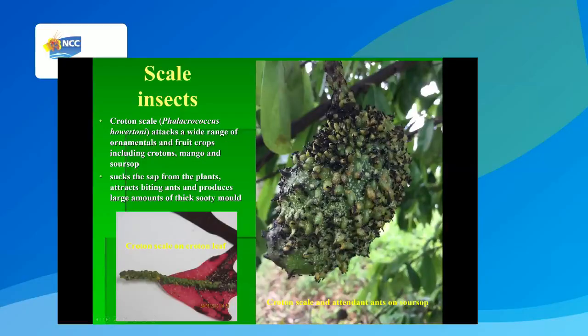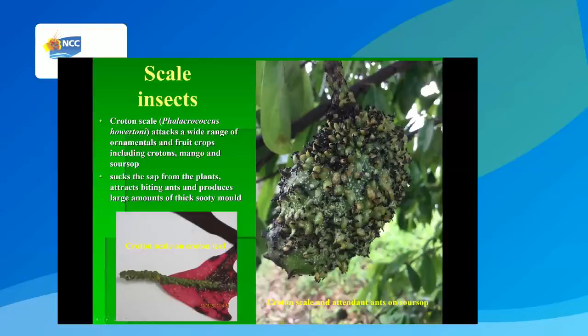She took some cuttings and inadvertently brought in this problem, which is a big problem on a wide range of different plants, a whole wide range. And it attacks all sorts of ornamentals, including crotons, fruit crops, mangoes, soursop, and a whole set of other plants.